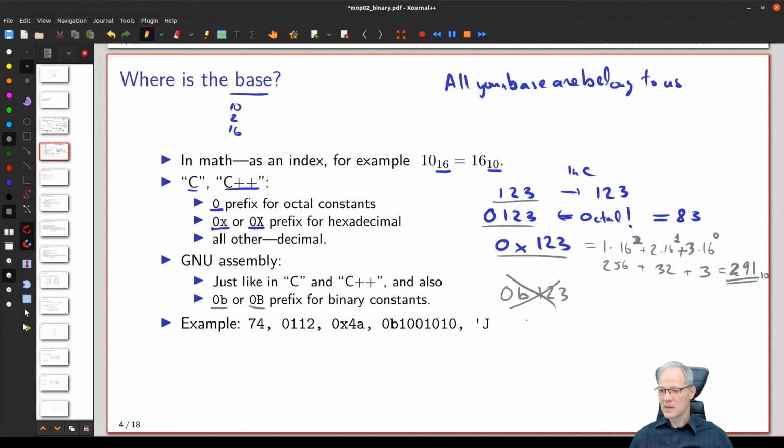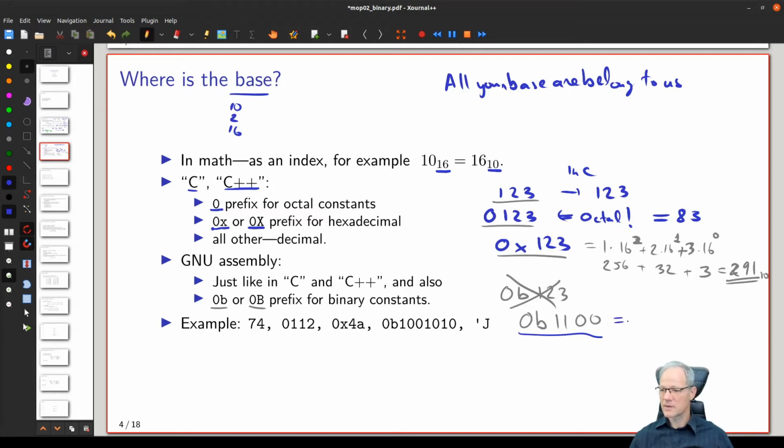So let's write something else. If I were to write 0b1100, okay, let me choose the blue again, then it would make sense to talk about what the real value is.